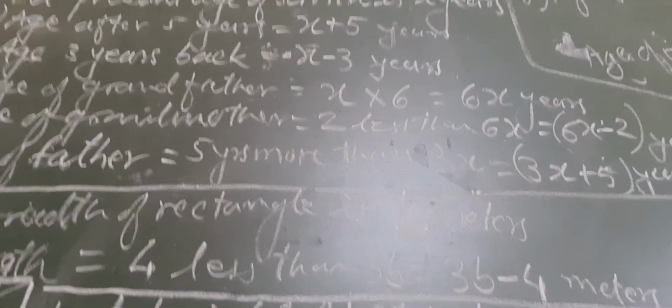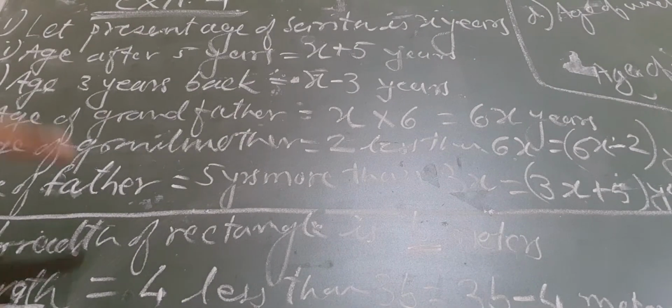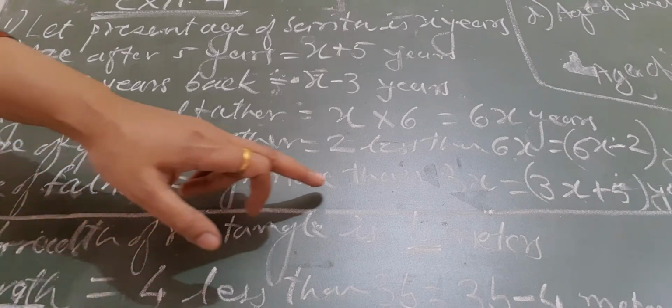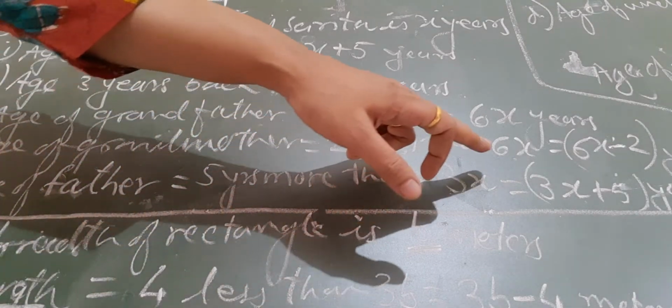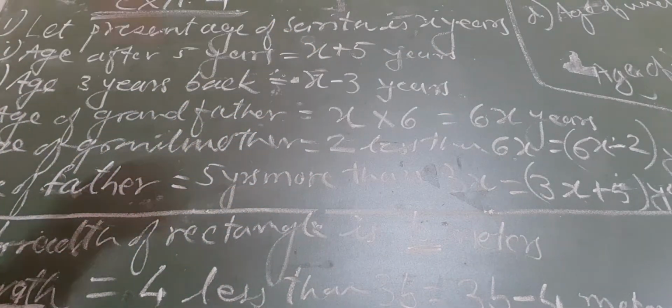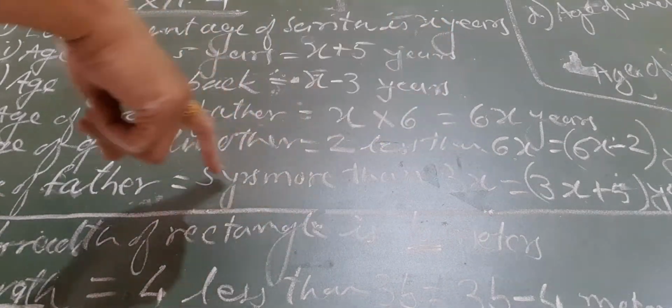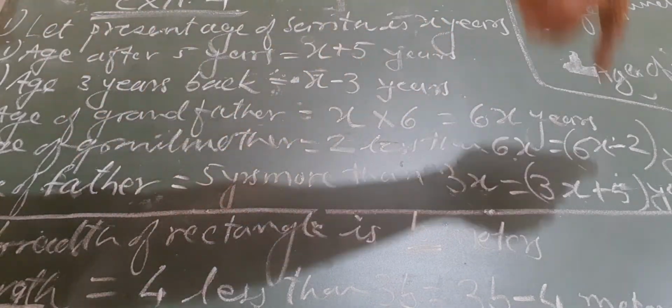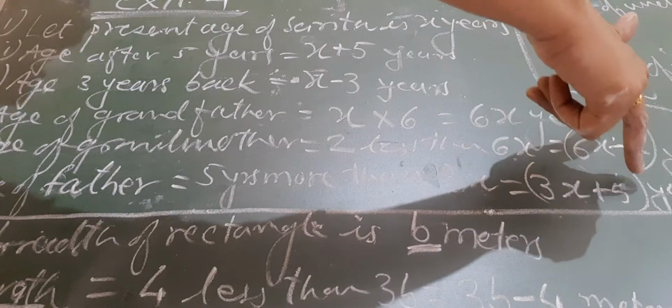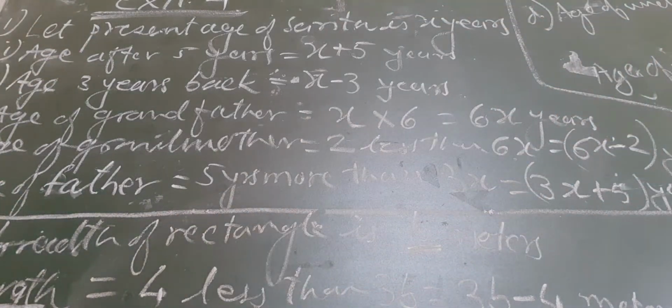And next it is asked the age of her father, which is given as 5 years more than 3 times Sarita's age. 3 times Sarita's age means 3X, and 5 more means we have to add 5. So it will be 3X plus 5, that will be the age of Sarita's father.